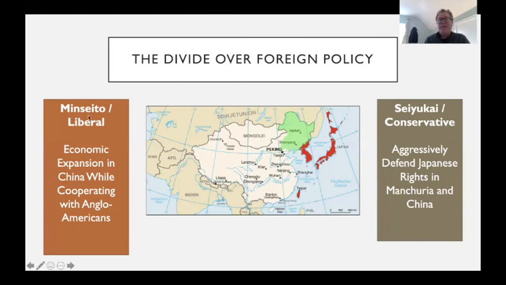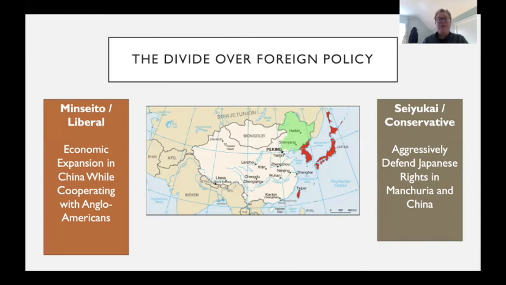On the other side, the Minseto Party thinks that Japan can achieve its goals in the region through a more liberal system. It should use investment, loans, and contracts to expand its influence in Manchuria. There's plenty of room to do informal empire there by expanding the railway network and making deals that will expand industrialization in the area under Japan's economic influence, without necessarily having to use military force to assert Japan's control.